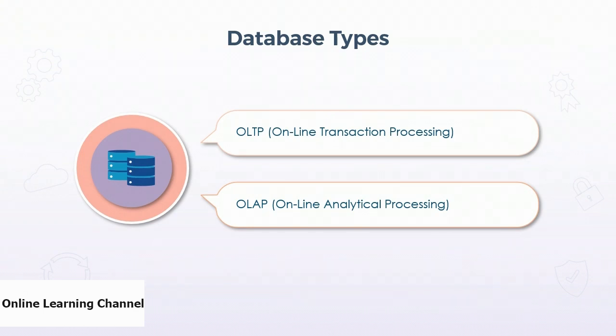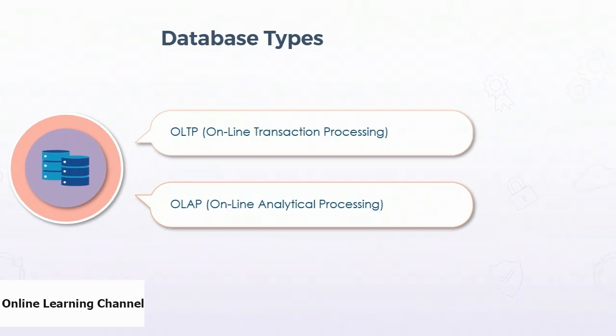But when we put both of these systems together, they form the two sides of a data warehousing coin. OLTP systems are the original data sources across the enterprise, and the OLAP systems integrate that data from these sources and present it in a multi-dimensional view for reporting and analysis.